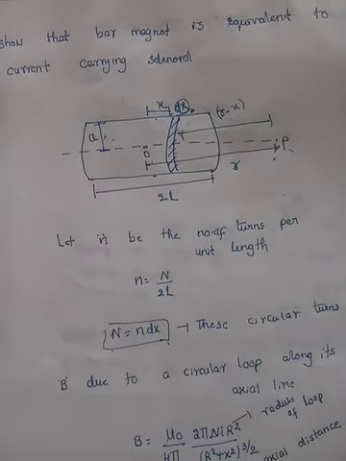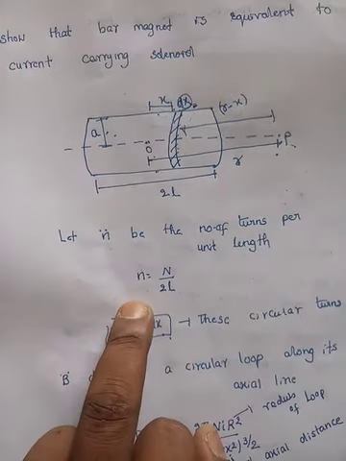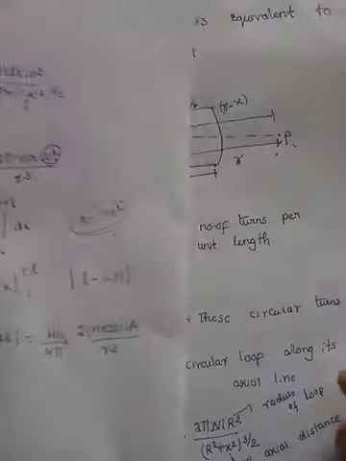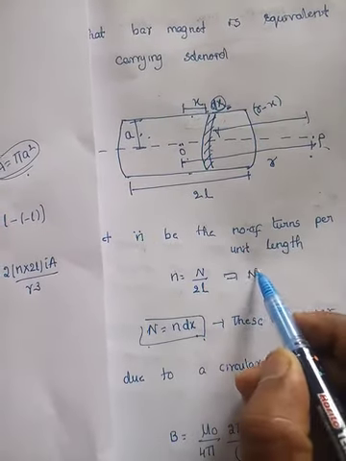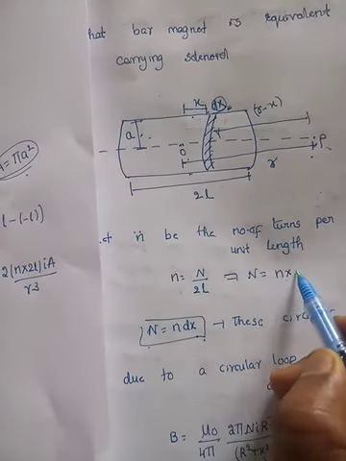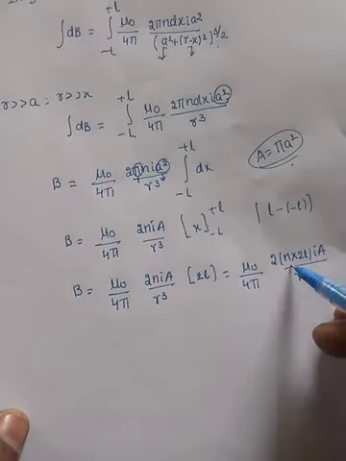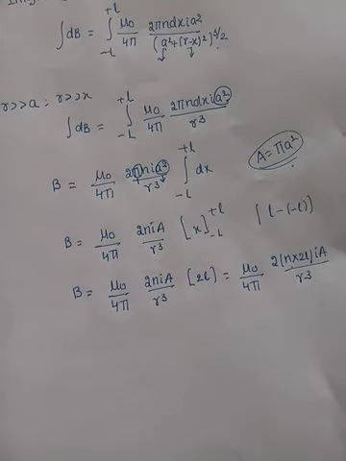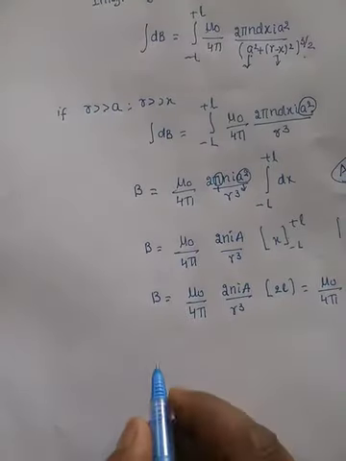Here we got the equation. Let n be the number of turns per unit length, and small n into 2L is equal to capital N. That implies capital N is equal to small n into 2L. So small n into 2L can be replaced by capital N, right? So what can you write here?